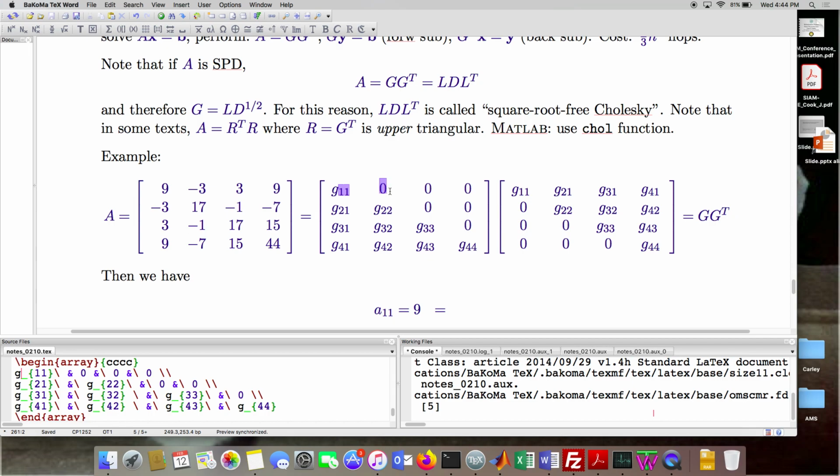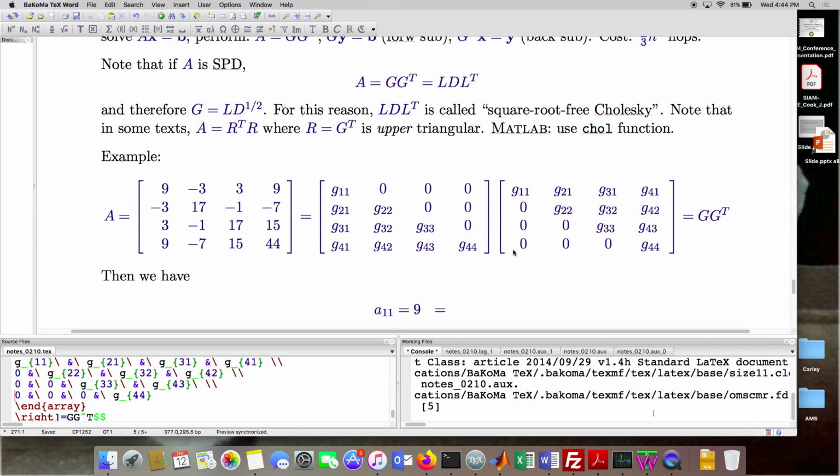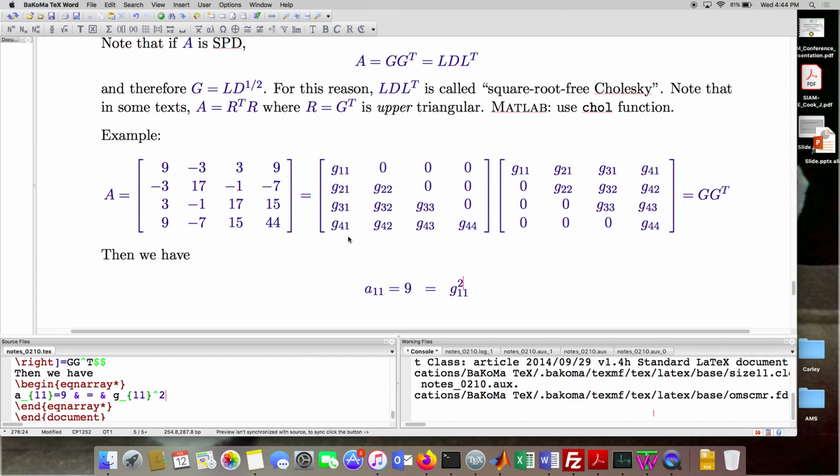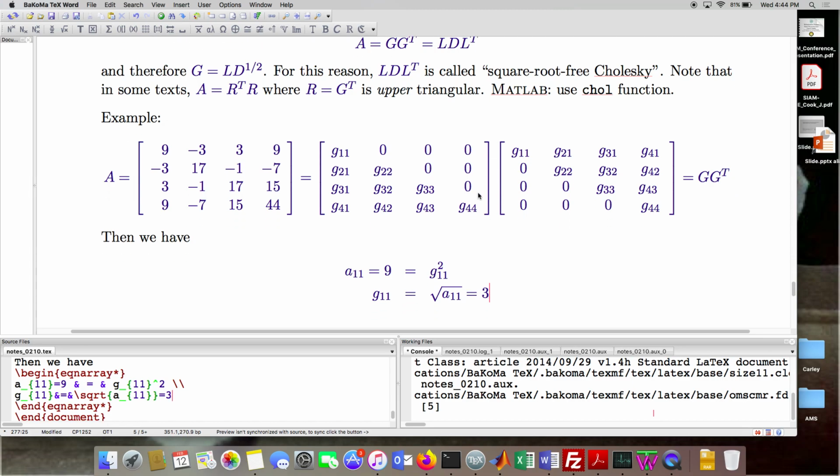So I go across the row and down this column, multiplying entries as I go and adding them up. But most of the entries are 0. So all I have is G11 squared plus 0, 0, 0. So I'm just going to have G11 squared. That means that G11 is equal to the square root of A11. And we must choose a positive square root, so it's going to be 3. All right. So now we have a 1,1 entry that's determined solely by A11.